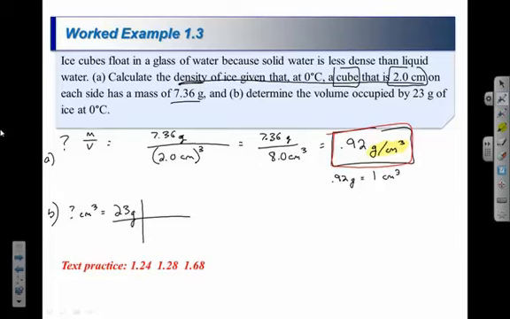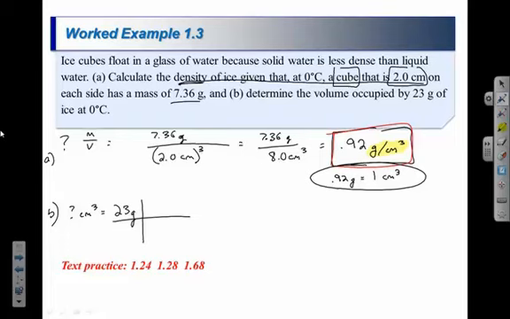If I have 1 centimeter cubed of it, it's equal to 0.92 grams. And if I want to convert grams of a pure substance into the volume of that substance, the density is the relationship I need. It's got to be given to me, so since I calculated it in part A, I can use it in part B.